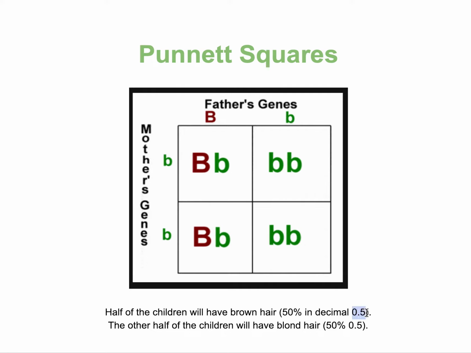The probability is 0.5. If you are asked what percent of the children will have brown hair, you will write 50%.